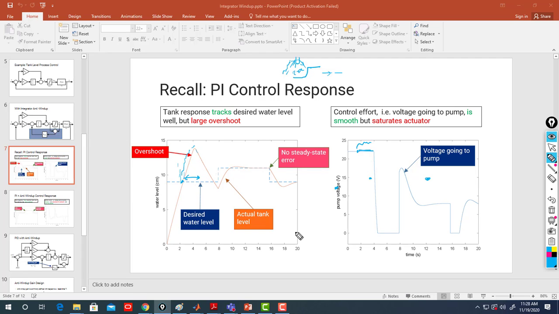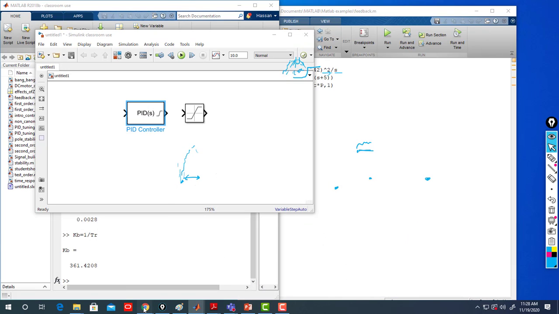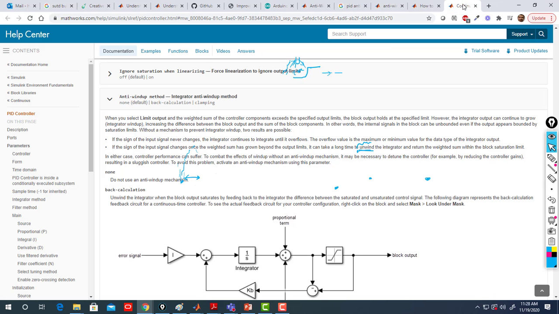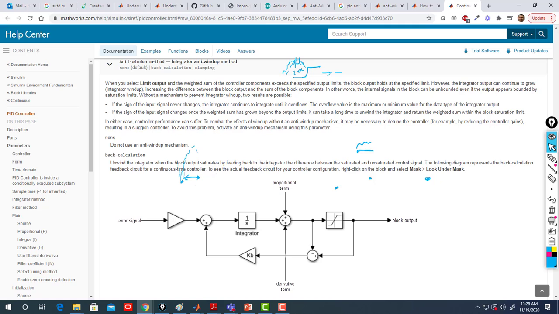So this is how to avoid it, by implementing anti-windup clamping. Simply clamp when you are saturating. Don't take the integral effect, take it out, or use what we call the back calculation method, the method we showed you in class.